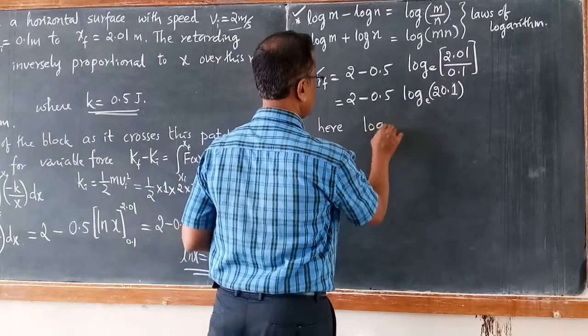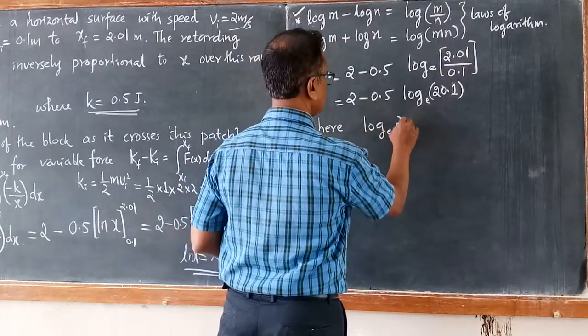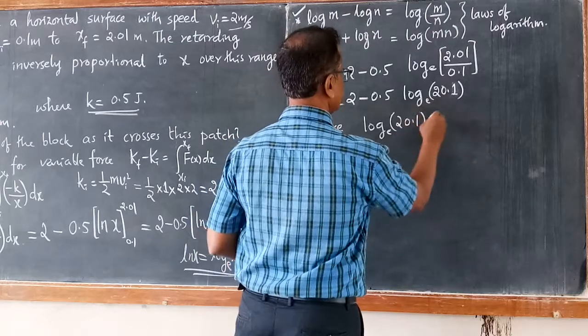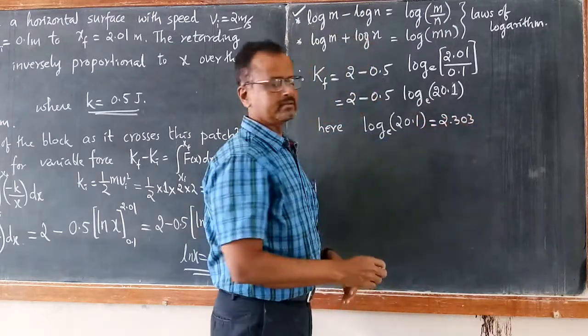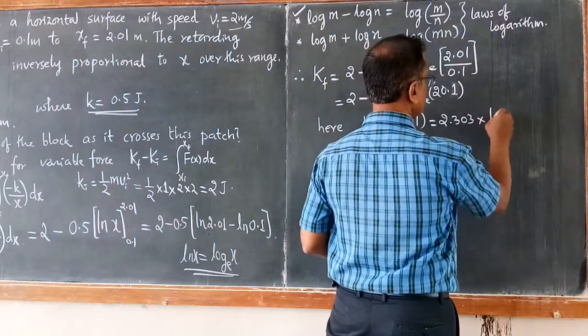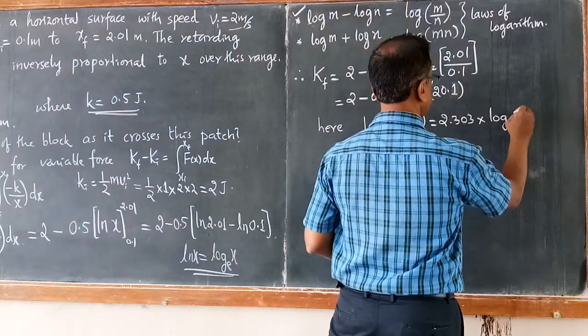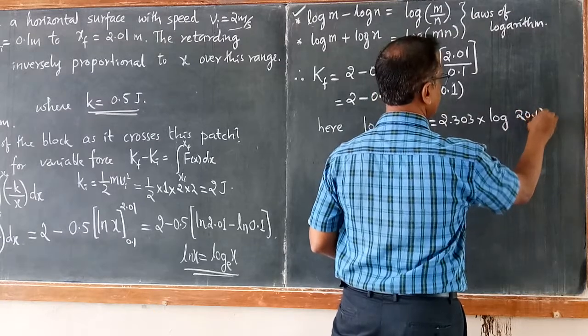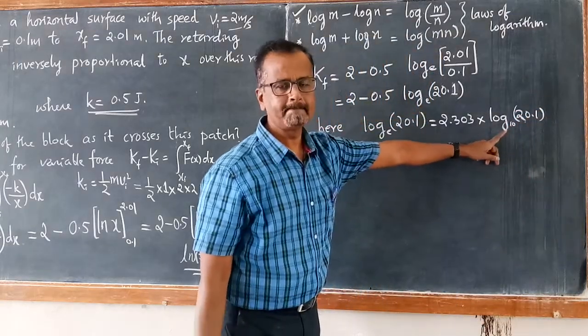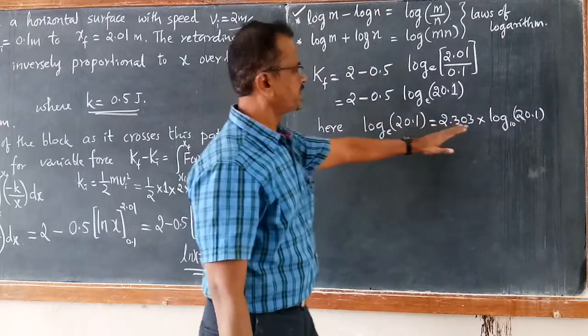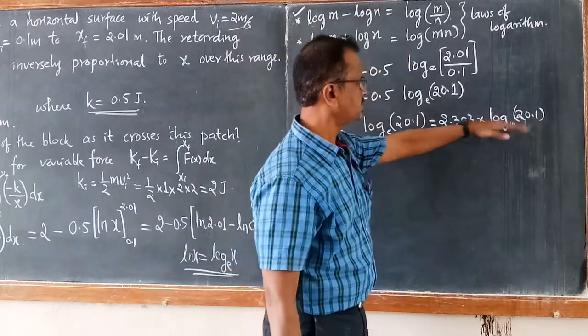So here, log to the base e of 20.1 is equal to 2.303, this is the conversion factor, into log 20.1 to the base 10. This value is available in the logarithm table. So we can refer to the logarithm table and get the result.